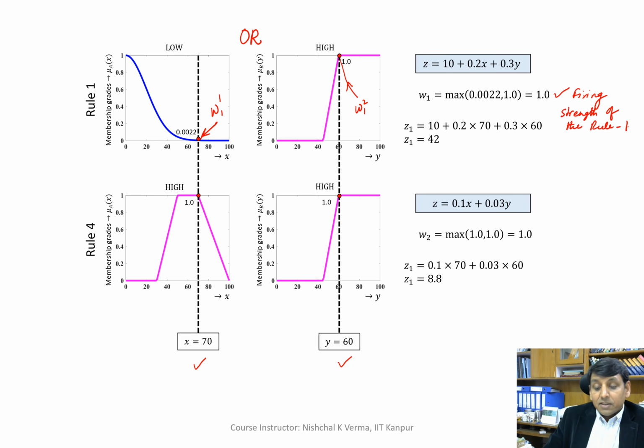Z is already given. By just substituting the values of x and y, we get Z1, which is 42. Similarly, for rule number 4, we find the points of intersection W21 and W22, and here also we take the max of these two.